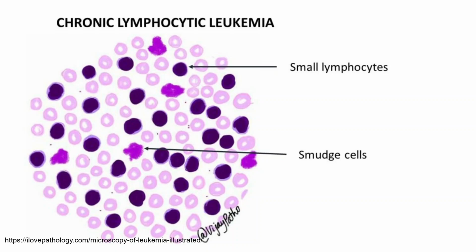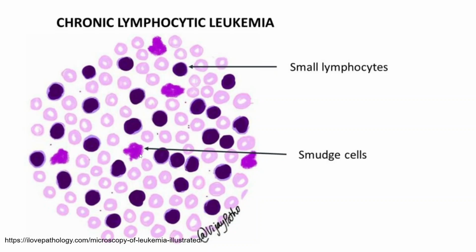When you see the peripheral smear, it is typically seen as small lymphocytes. Normal lymphocytes would have a diameter of 20 to 26 microns, whereas the lymphocytic leukemia lymphocytes would have a diameter of 16 to 18 microns, much smaller than the normal cells. Otherwise the characters may look normal, but their number would be more.